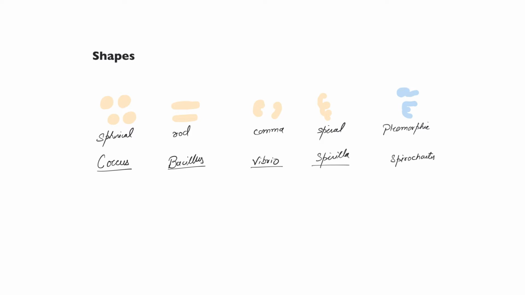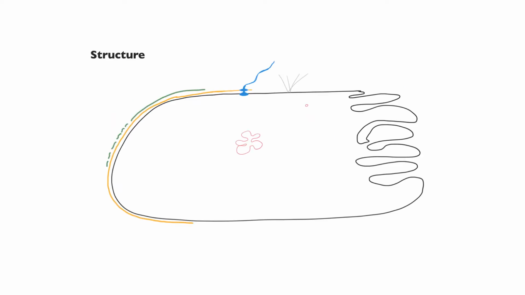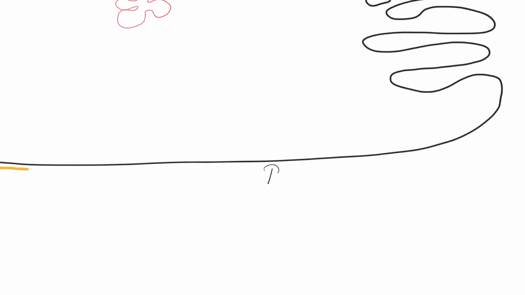Now, by this point, you must have read a lot of things about bacteria or prokaryotes in general, and you'll see that they have a lot of exceptions. So we'll start with the basic structure. Prokaryotes generally obviously have a plasma membrane, right?